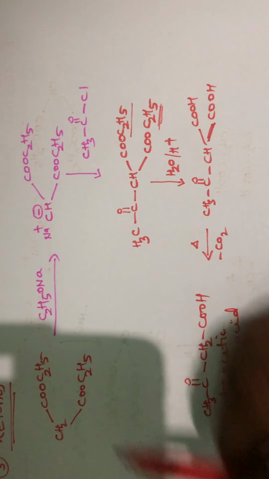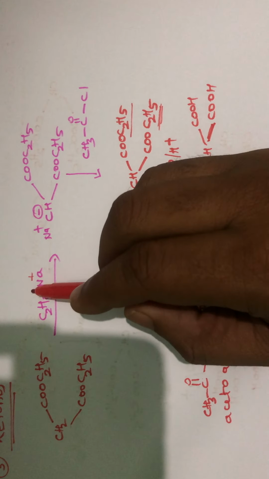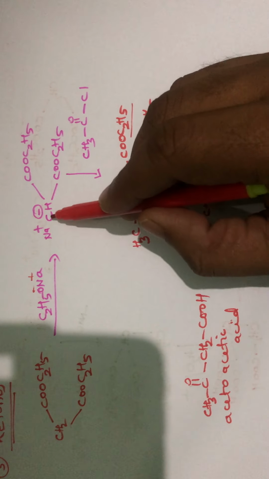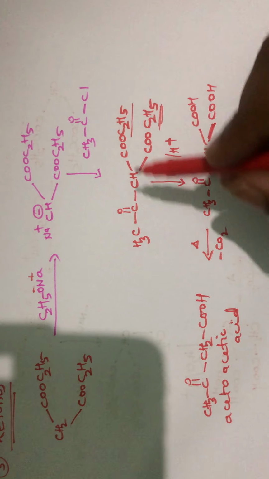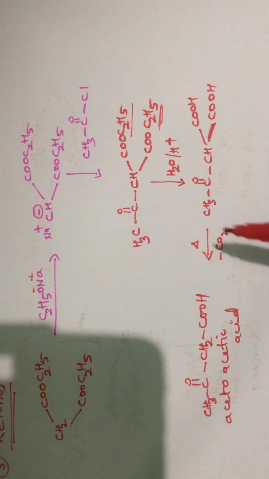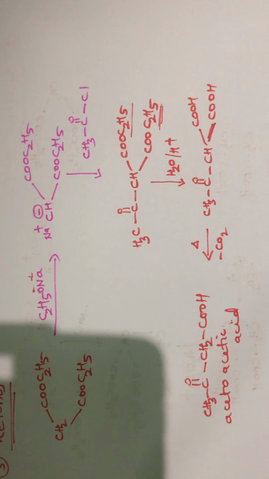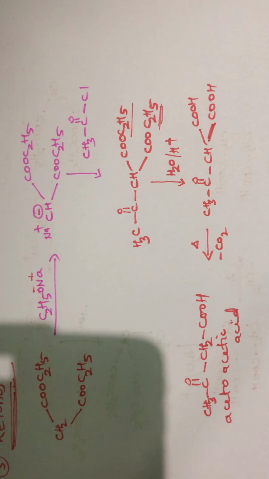Simple. Sodium ethoxide abstracts a proton. Then it is treated with acetyl chloride. This carbon attacks this carbon, because this is the positively charged carbon, expelling Cl, so a new bond is formed. Then it is converted into acid by simple hydrolysis, and on heating it undergoes decarboxylation to give this. But we are targeting the synthesis of ketones.